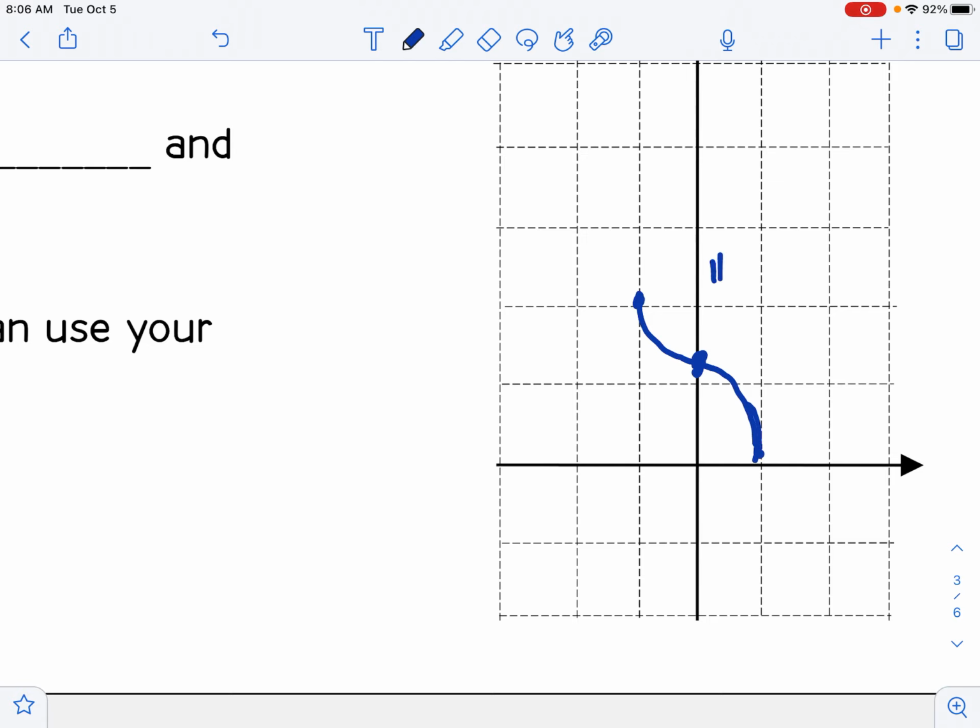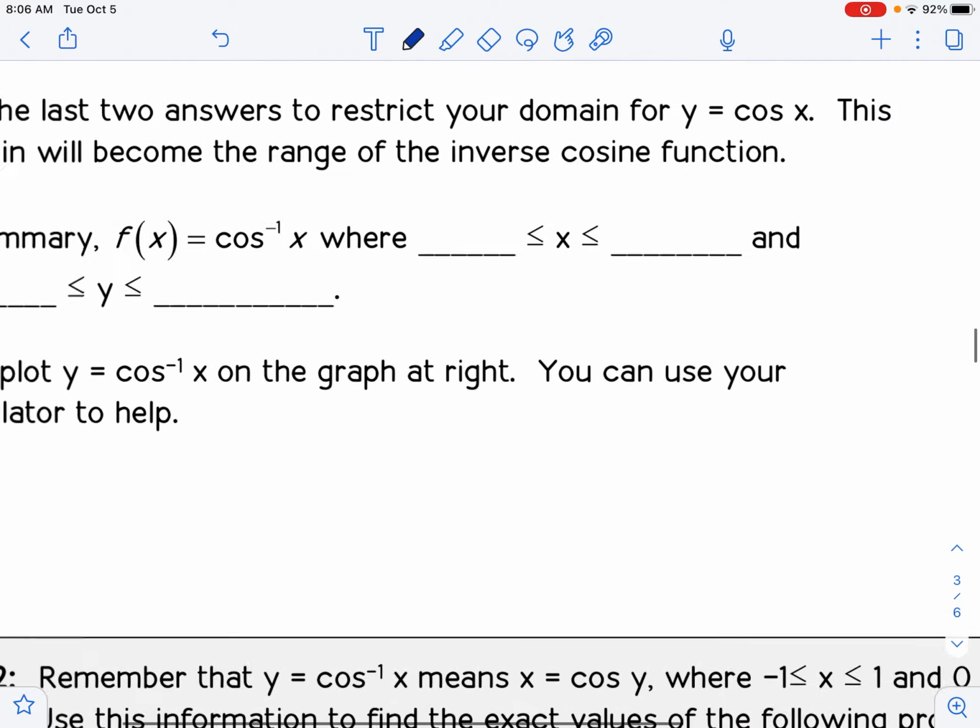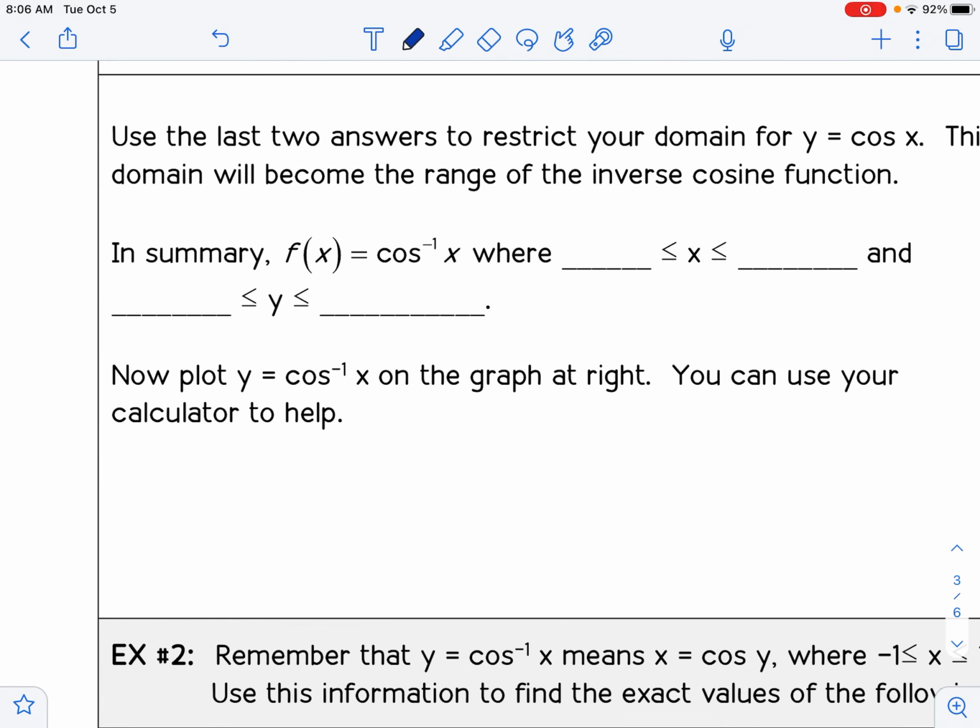And again, we're looking at pi and 0, and again, it's going to go negative 1 to 1. So in summary, the function of cosine is going to be true between negative 1 and 1 for x, which is going to end up being between 0 and pi for y.